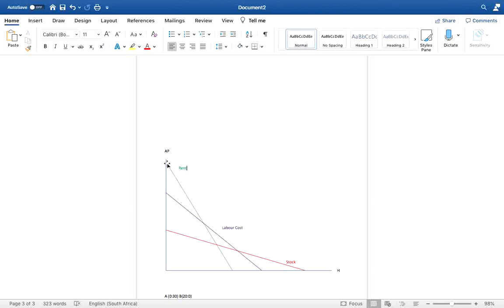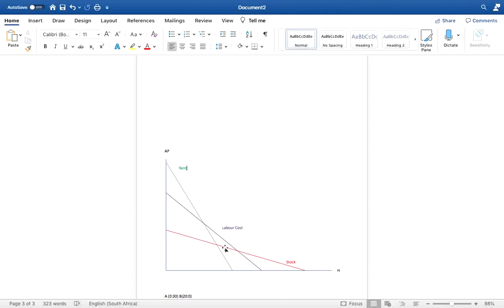Now to get the coordinates for these points, we're going to make use of the constraint equations, and then we know that it's an intercept. So for A it's going to be 0, 30 by making use of the rent constraint, and for B, which is here, B is going to be 20, 0. Those are your coordinates there.